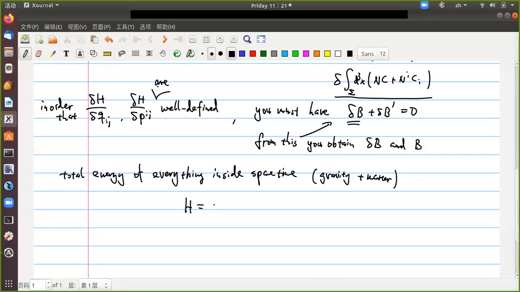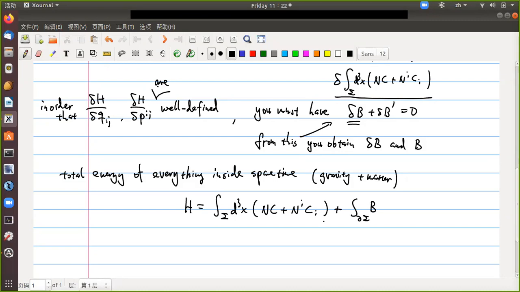The total energy is the total Hamiltonian: the integral of N C plus N^i C_i, plus the boundary term. So this is the total energy.